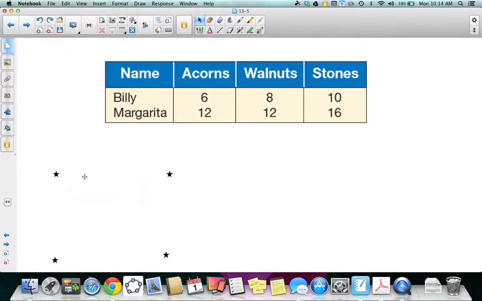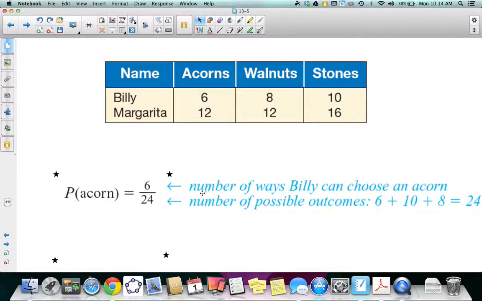First, the probability of choosing an acorn for Billy would be 6 over 24. Why 6 over 24? 6 will represent the number of ways Billy can choose an acorn, which is this number right over here.